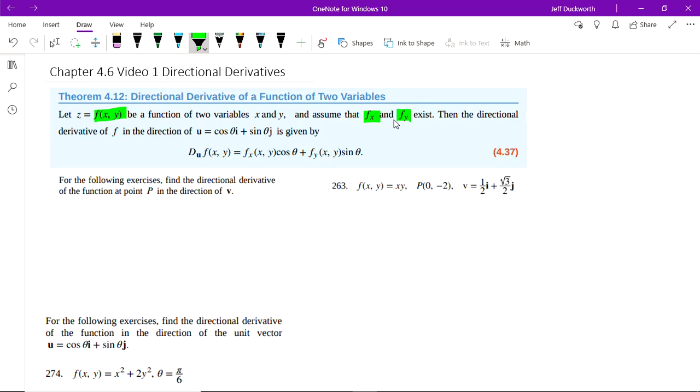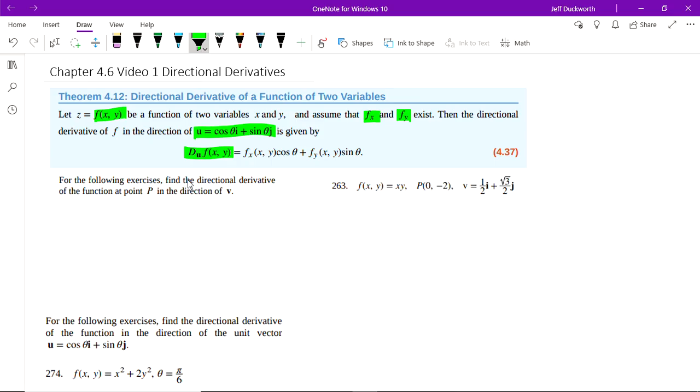So the directional derivative of f in the direction of u, where u is cosine theta i plus sine theta j, is given by this notation: the directional derivative of u with f of xy being our function.